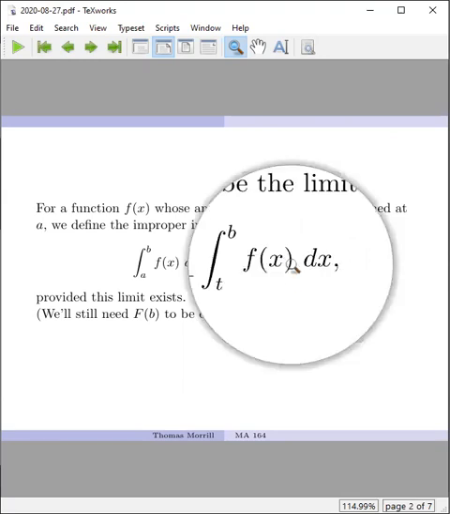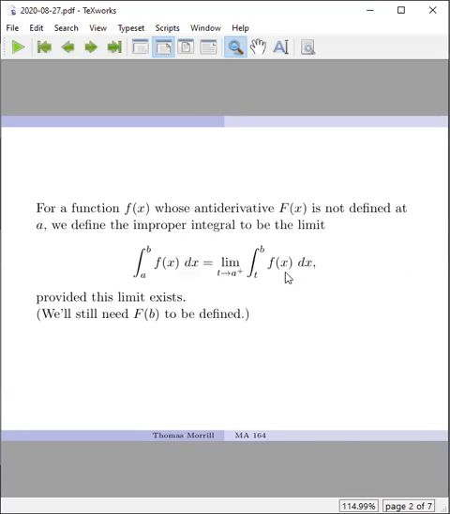And then once I have a formula for this integral, I'll take the limit of that antiderivative formula as t approaches a from the right. Now, because I want to use the fundamental theorem of calculus when I'm actually calculating that antiderivative, I do want my antiderivative function to be defined at the upper endpoint, b.